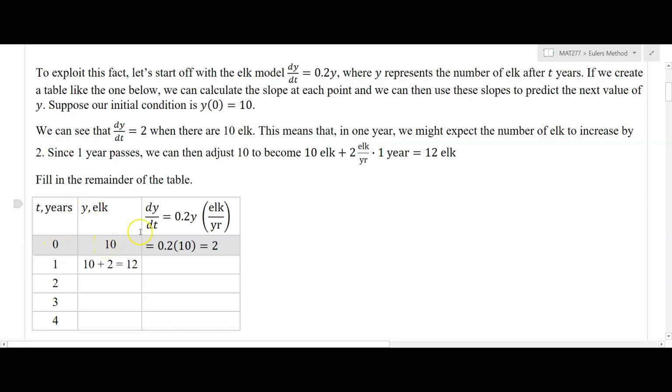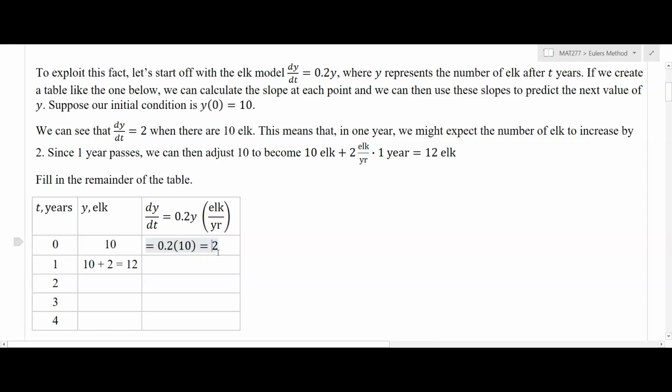We need that information, along with how the rate of change of elk occurs, and that's at a rate of 20% of the current number of elk. So at time 0, when there are 10 elk, this equation only relies on the value of y. It doesn't matter whether it's 1998 or 2025. 20% of the 10 comes out to 2 elk per year.